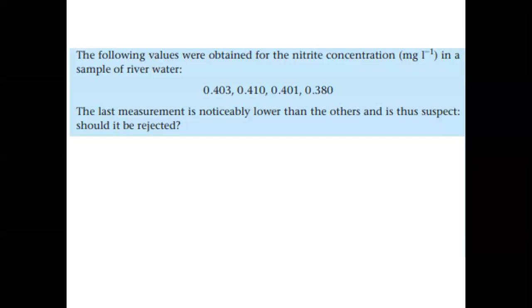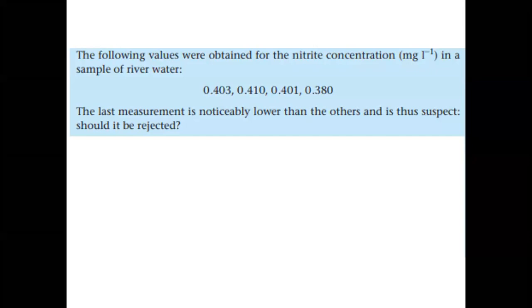The question asks, should it be rejected? So we have to perform a G test, the G statistic, to see whether this 0.380 is an outlier or not. The first thing, you have to calculate the standard deviation and mean.